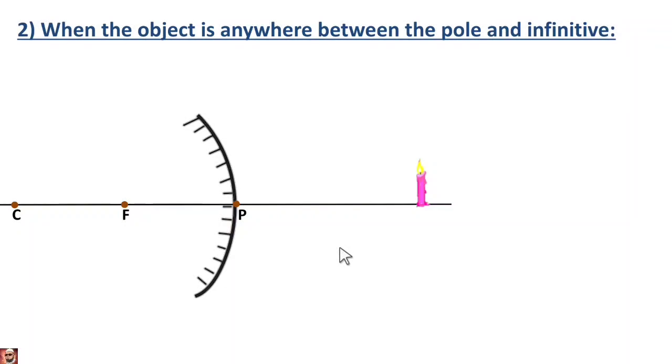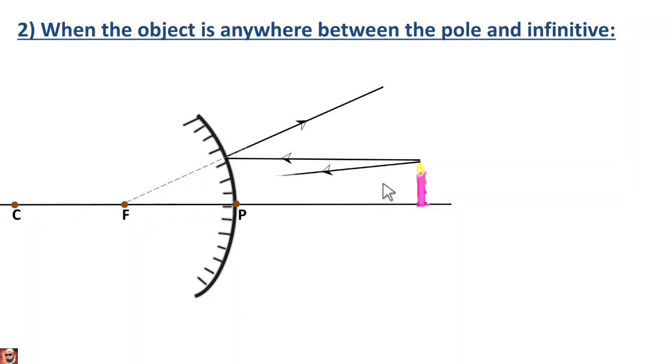The first rule: the incident ray is parallel to the principal axis, and the reflected ray appears to pass through the focus. And instead of the second rule, for convenience, we can take rule 3. When the incident ray is passing through the center of curvature, it appears to pass through the center of curvature, and the reflected ray will travel in the same path but in the opposite direction.